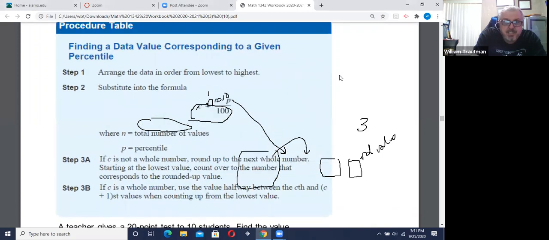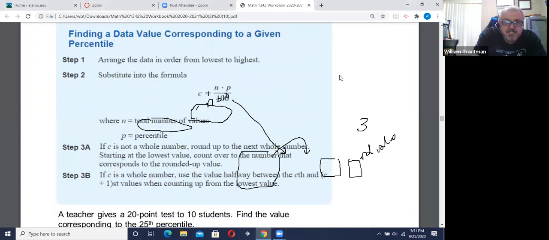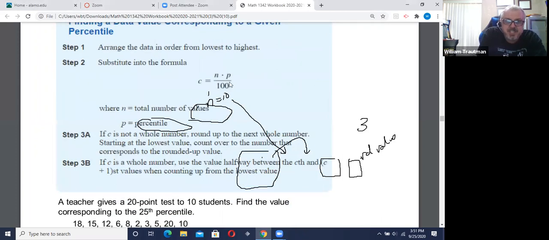We should say what number value in our data, when it's in order from lowest to highest.